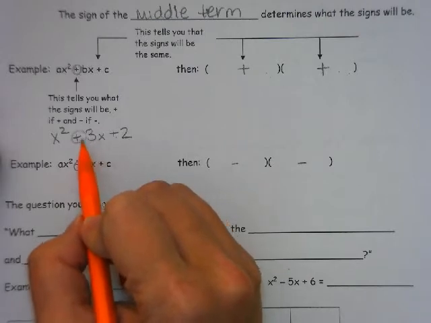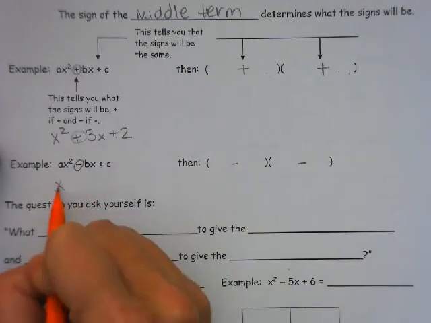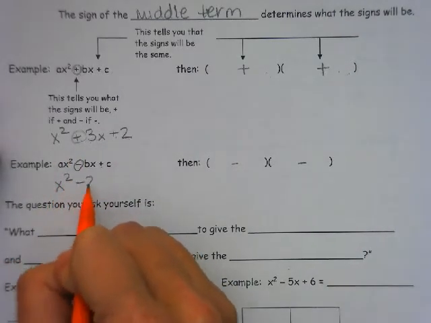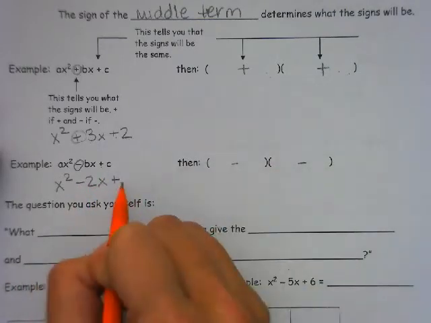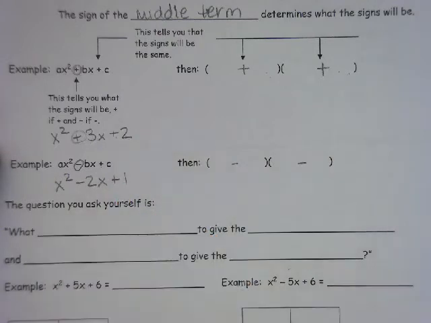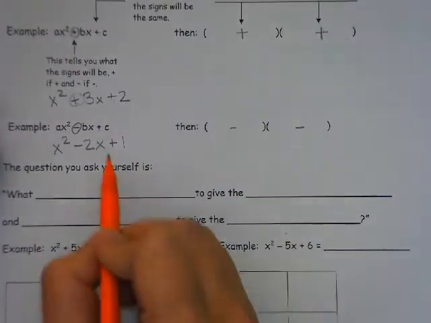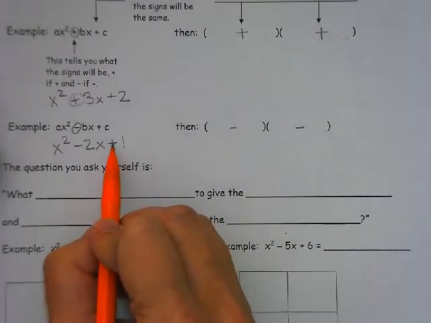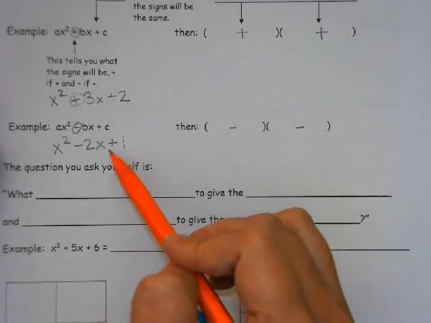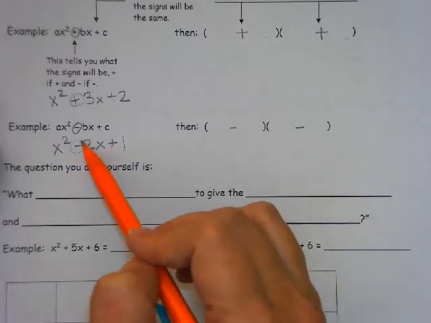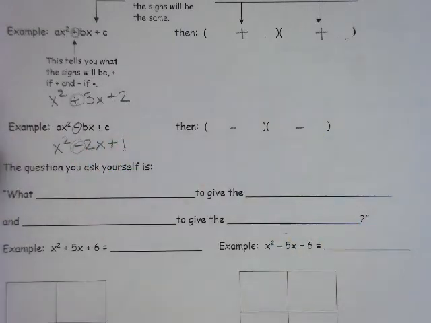But if I gave you x squared minus 2x plus 1, remember, when we multiply our last terms, that gives us this. These have to be the same sign, but this is going to make them be negative. And we're going to do some actual examples, so don't stress if that doesn't make sense just yet.